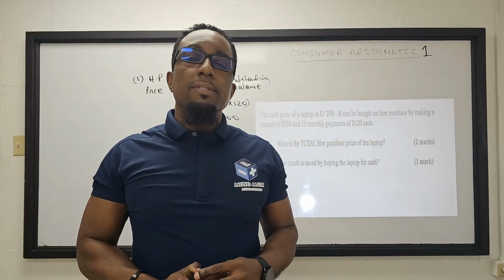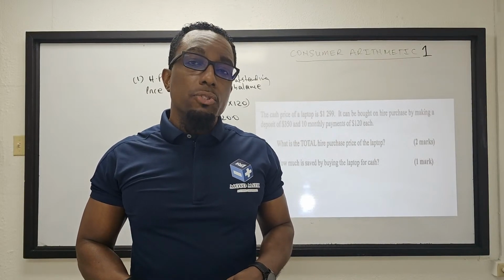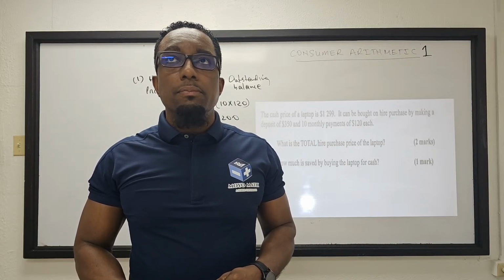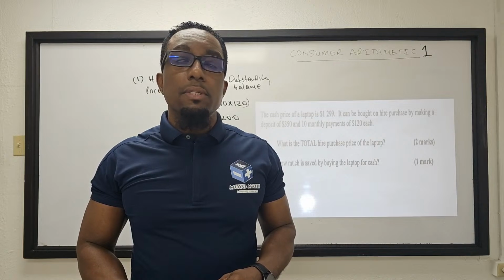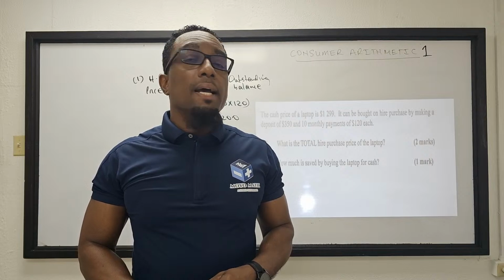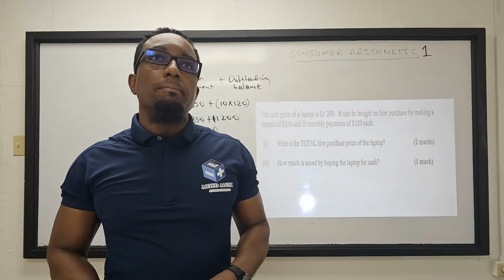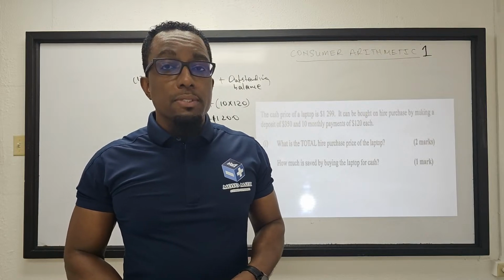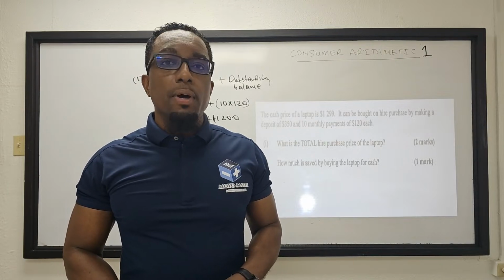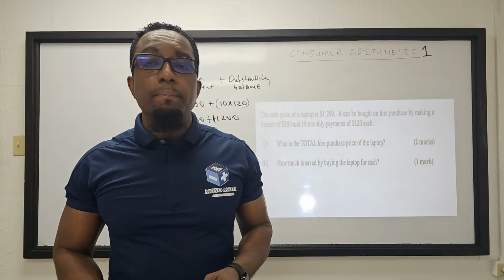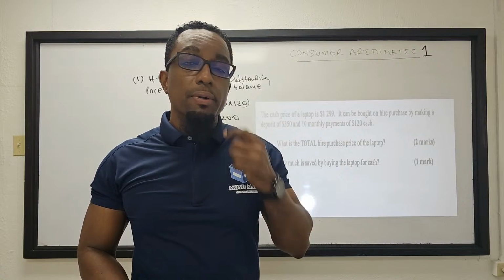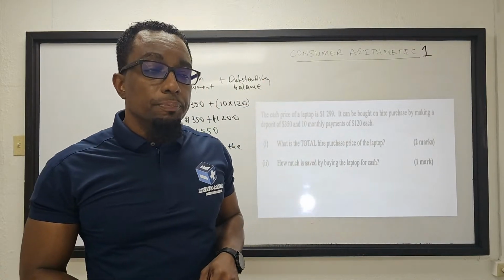We'll be looking at bills, commission, discount, taxes, VAT, sales tax, allowances, income tax, and a few other topics under depreciation. So we'll be looking at the remaining topics under consumer arithmetic next week. So that's consumer arithmetic 2.